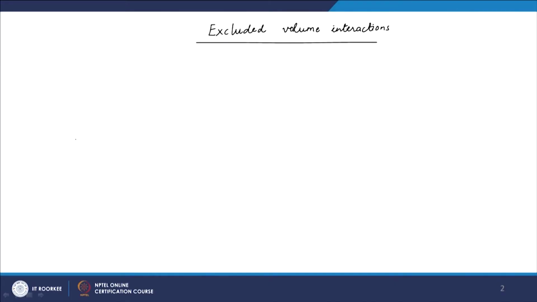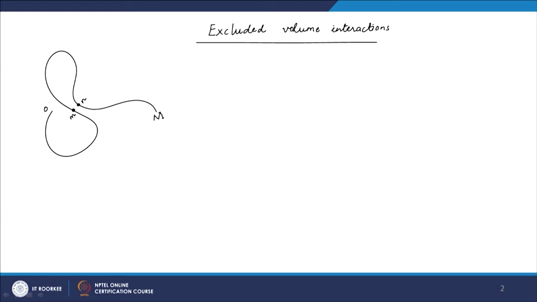So, the basic idea was like this. If you have two segments of a chain, let us say M and N here, and of course, this is the contour variable going from 0 to M.